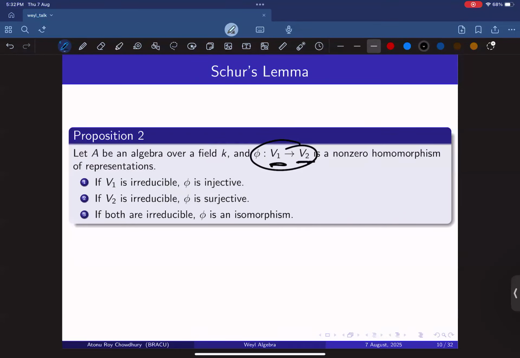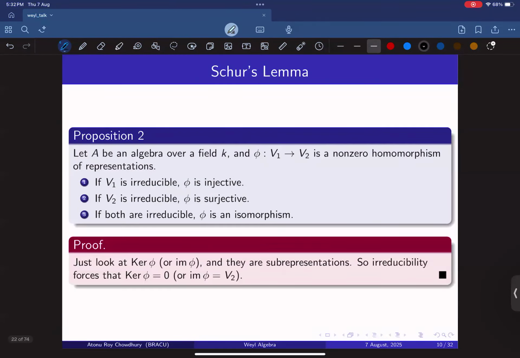The proof of Schur's lemma can be found in any standard representation theory textbook, but we are gonna quickly outline it. We just have to look at the kernel of phi or the image of phi, and these form sub-representations.